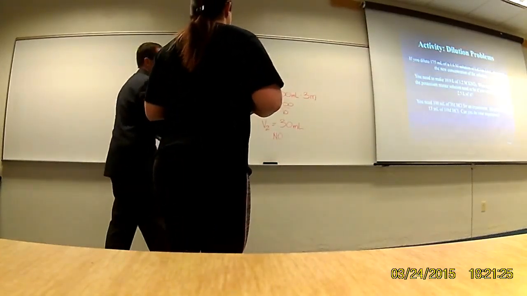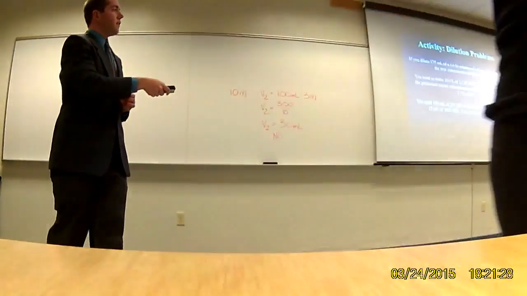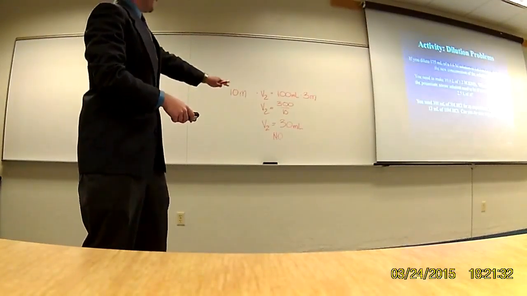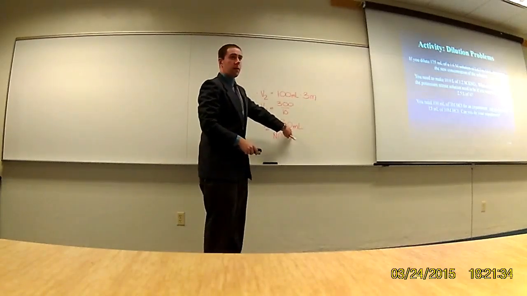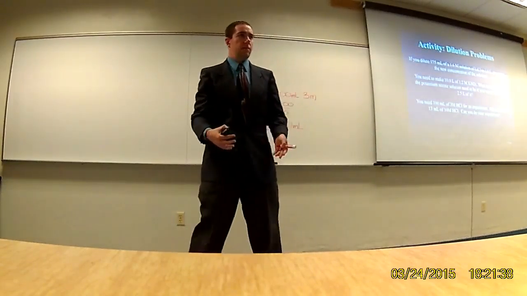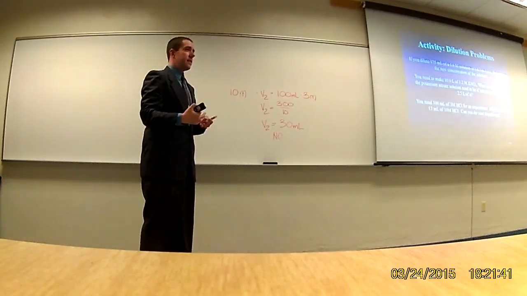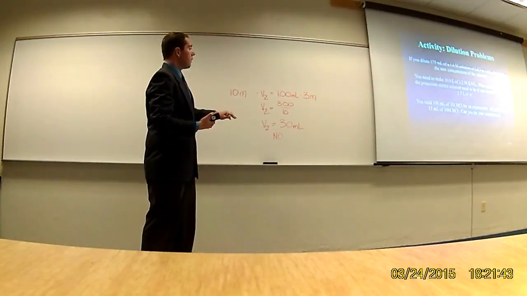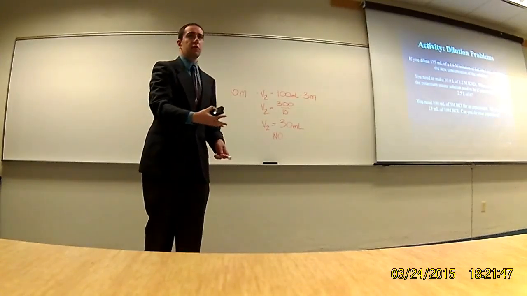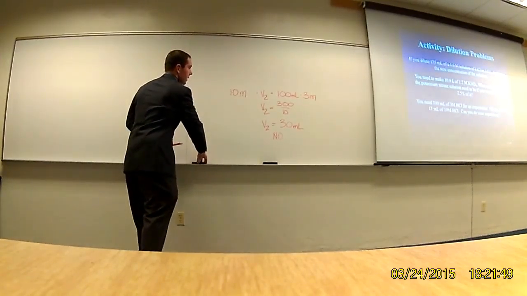So what she's asking is, the way we did this is we said if we have a 10 molar HCl stock, how much do we need? And the answer is we need 30 milliliters. We only have 13, so no, we can't do it. The other way to do it is to say, if we are going to use 13 milliliters of our stock, how concentrated would it have to be?